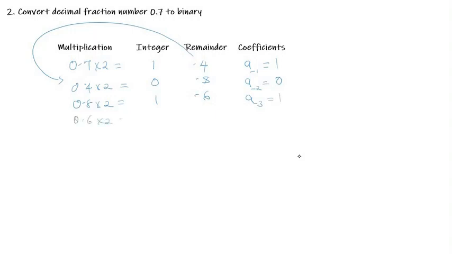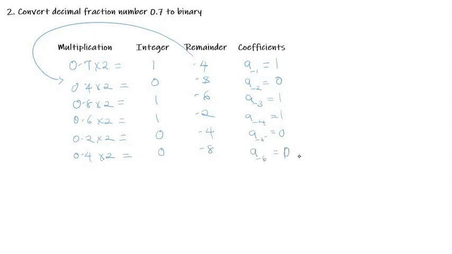0.6 multiplied by 2 is equivalent to 1.2. So the integer is 1, the remainder is 0.2, and a minus 4 in that case is equivalent to 1. I repeat the same procedure. 0.2 multiplied by 2 gives me 0.4. So I write 0 as an integer and 0.4 as a remainder, and a minus 5 in this case is 0. 0.4 multiplied by 2, I get 0.8, so a minus 6 is 0.